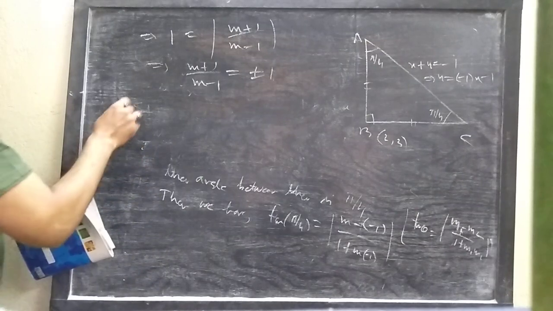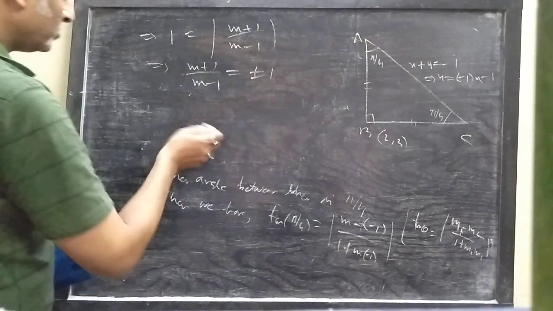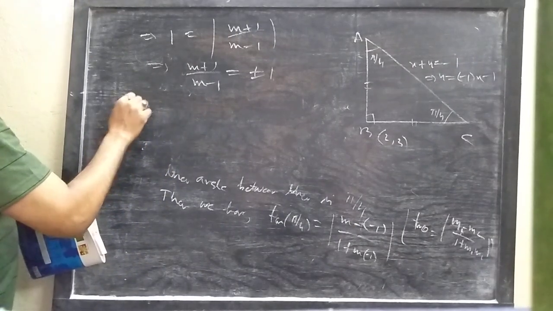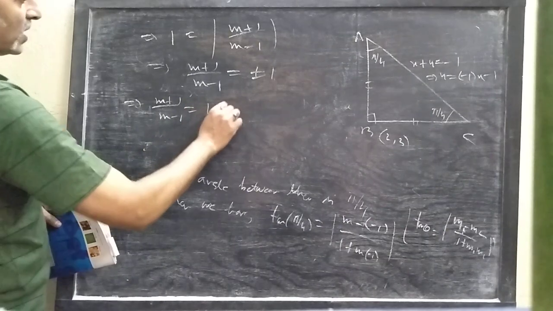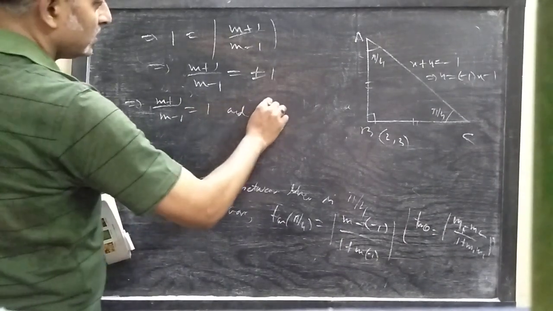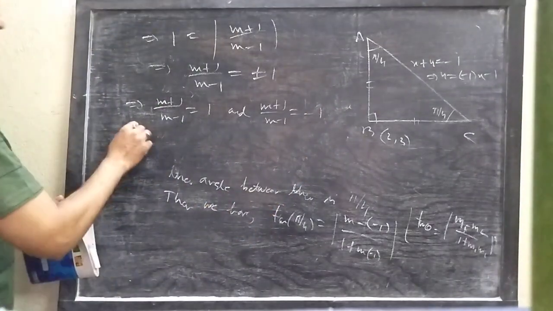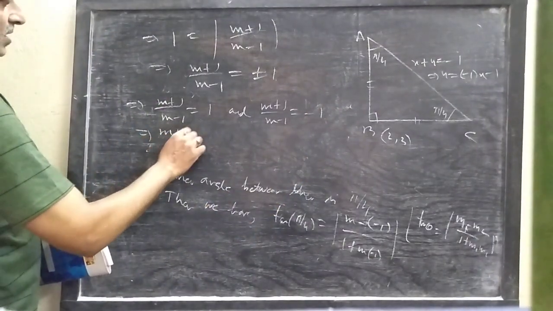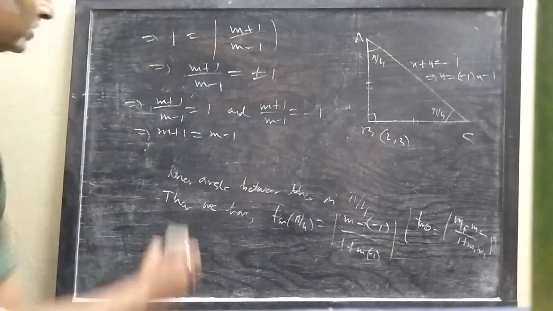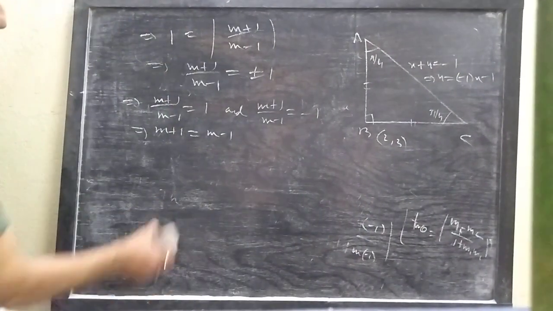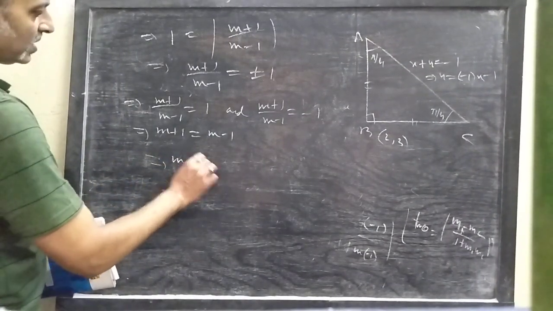Now consider first the plus sign, then the minus sign. You get two equations: (m plus 1)/(m minus 1) equals plus 1 and (m plus 1)/(m minus 1) equals minus 1. From this you get m plus 1 equals m minus 1. From this you get m is undefined.